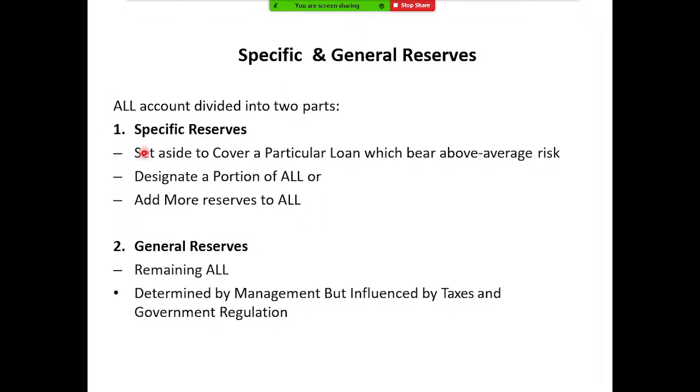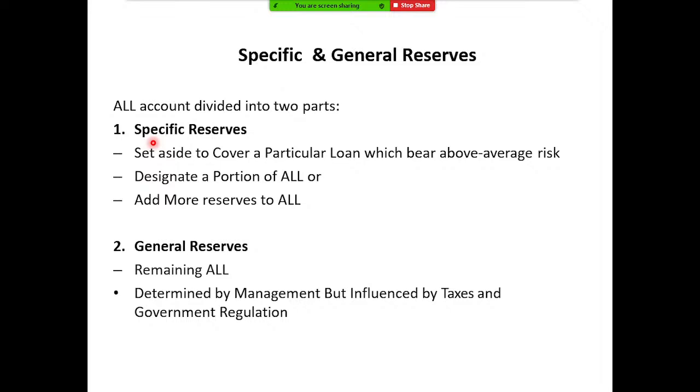So specific reserves are set aside to cover a particular loan, not a common one, a particular loan which bears above average risk. For example, the bank gives a loan to Mr. X, and the bank realizes that recovering the loan from Mr. X is high risk, so they can make provisions for Mr. X. In that case it will fall under specific reserves.